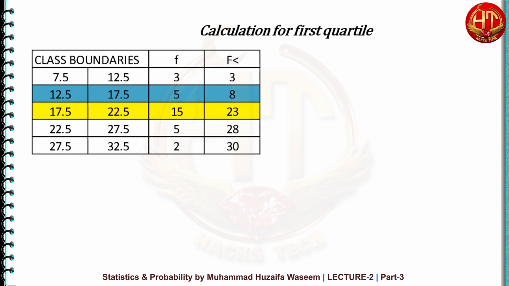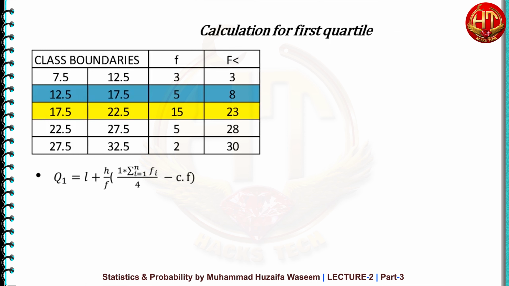After that, we have to calculate the quartile and its group. The first quartile formula, putting i equal to 1, is L plus h by f, then 1 multiplied by summation of fi divided by 4. Divided by 4 because quartiles divide data into 4 equal parts. So we have to divide by 4.